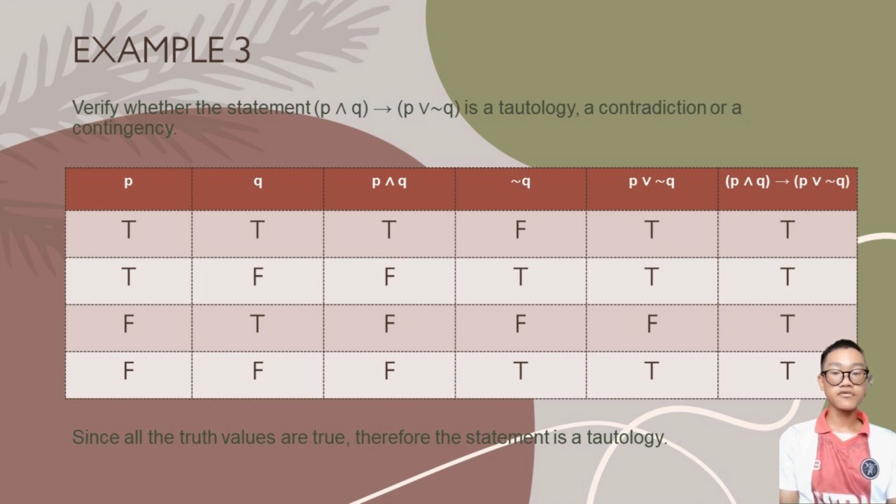When P and Q is false and P or not Q is false, then P and Q implies P or not Q is true. When P and Q is false and P or not Q is true, then P and Q implies P or not Q is true.